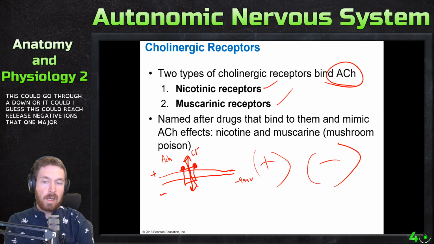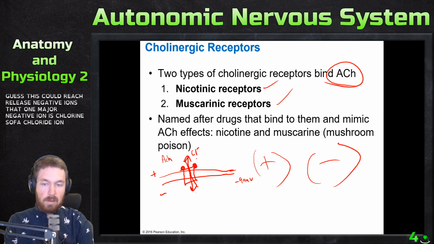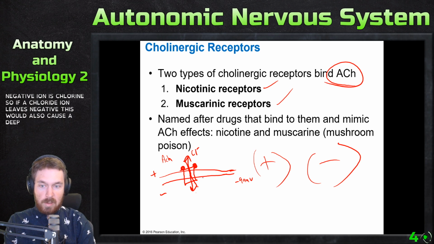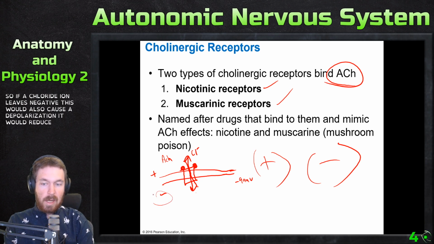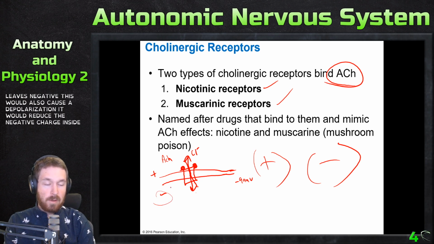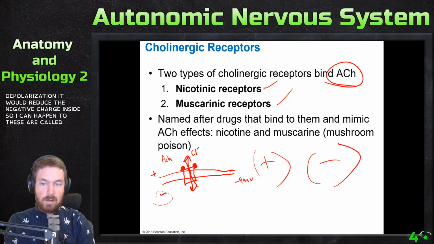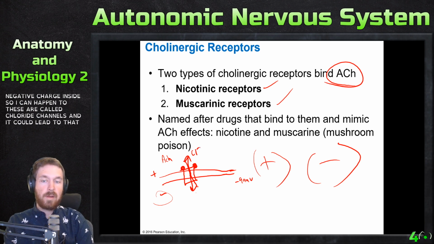One major negative ion is chloride. So if a negative chloride ion leaves, this would also cause a depolarization. It would reduce the negative charge inside. So that can happen too. These are called chloride channels, and it could lead to that leaving.